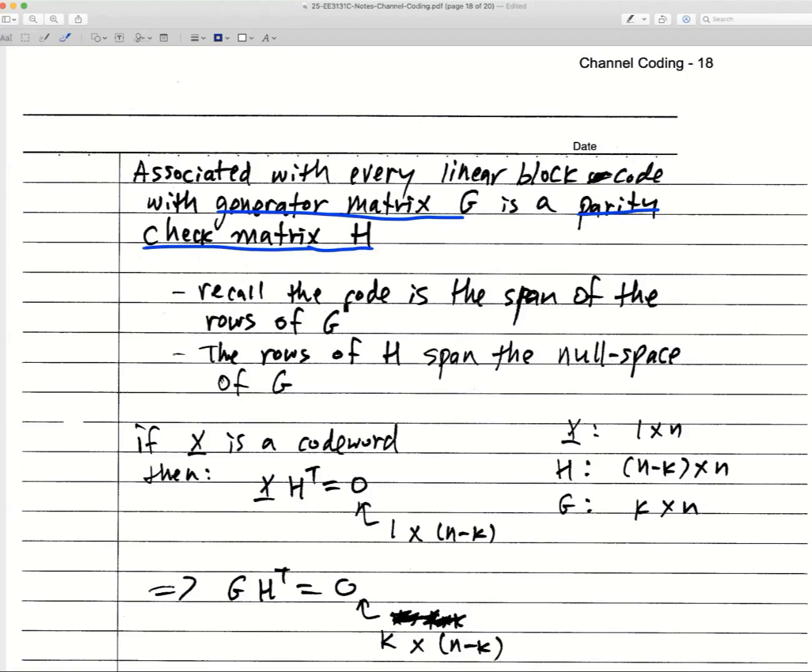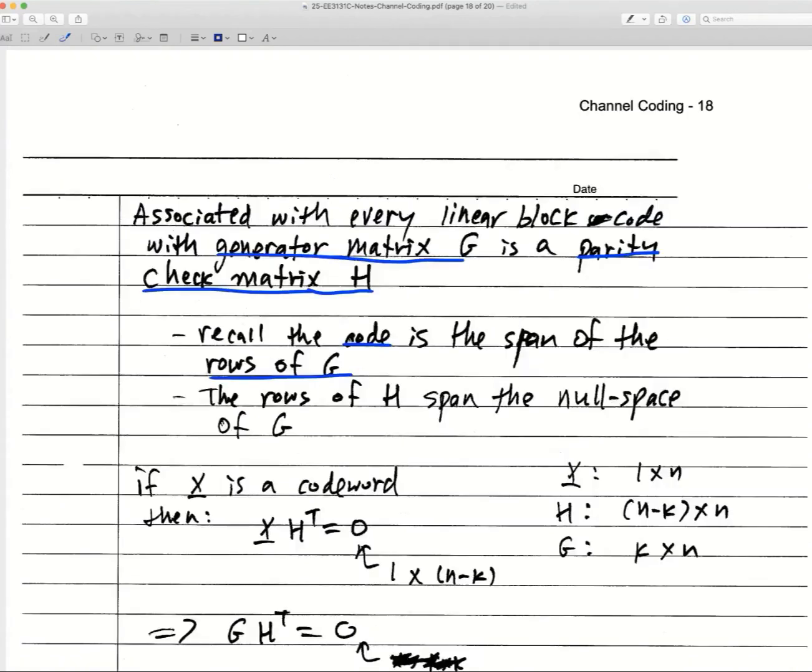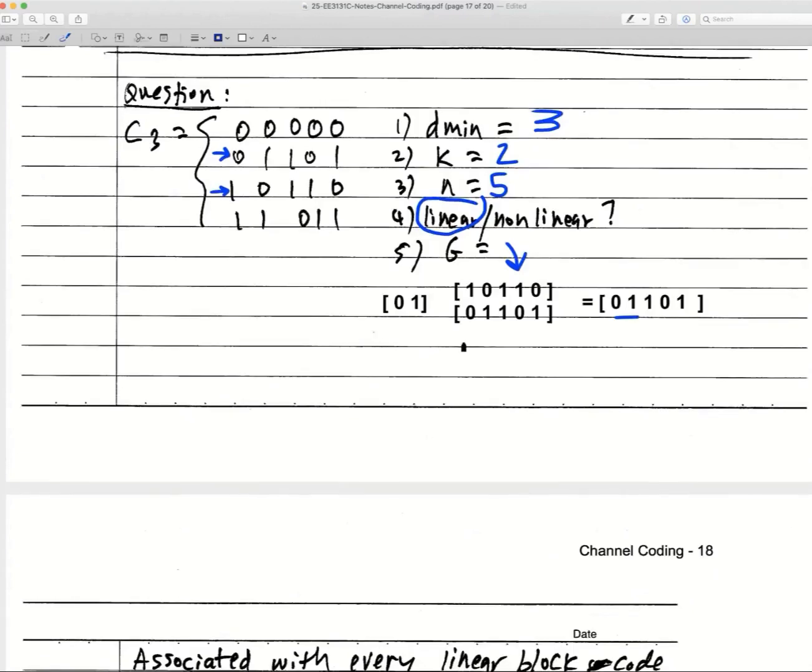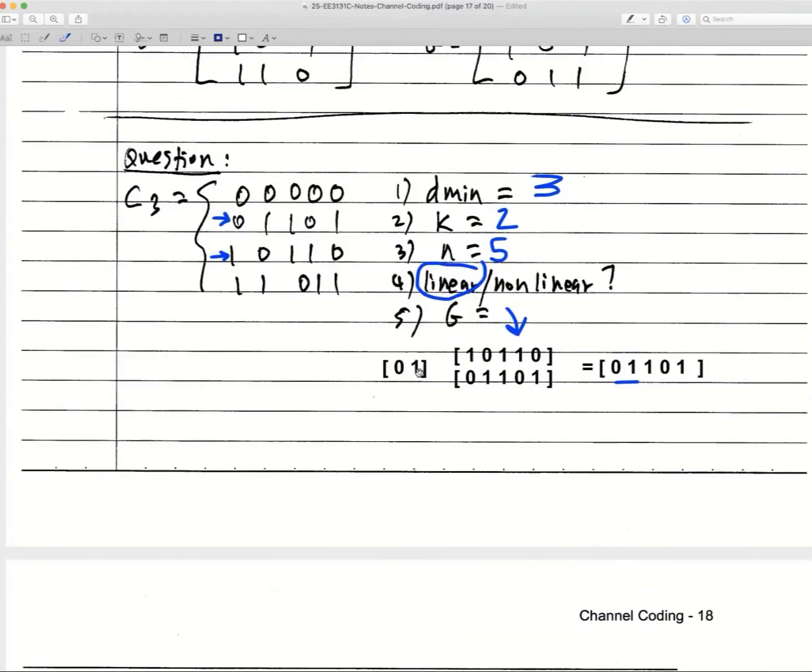So the code is all linear combinations of the rows of G. In fact, you saw that, right? There are 2 rows here, and I'm taking all possible 2-bit combinations.